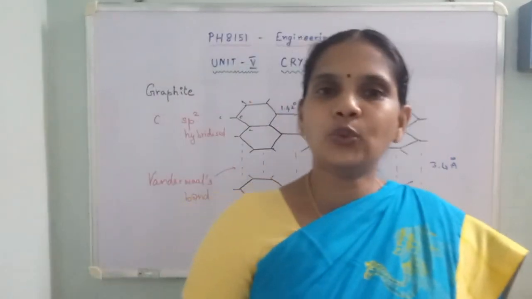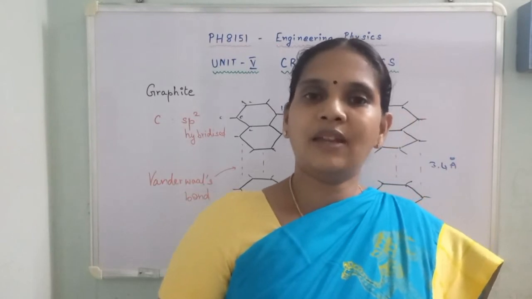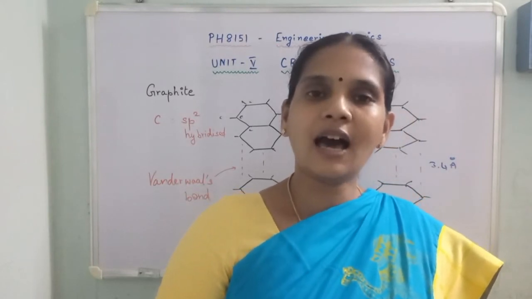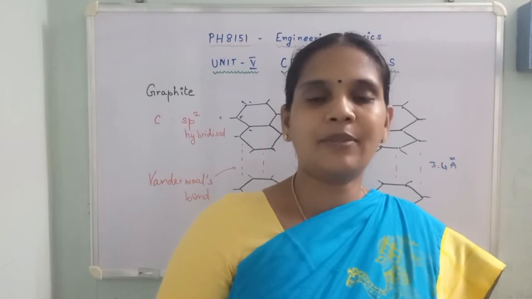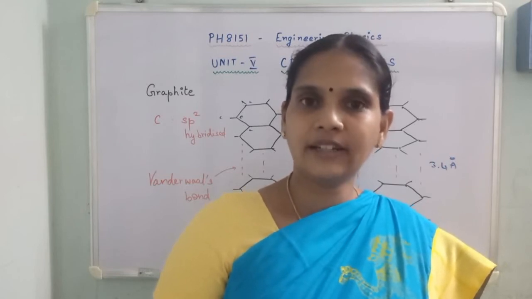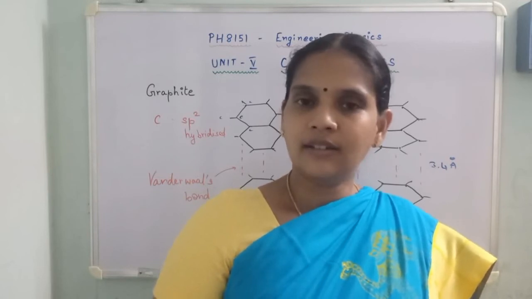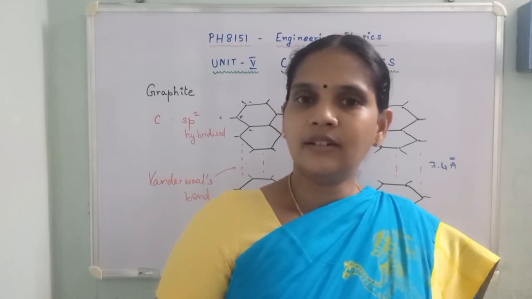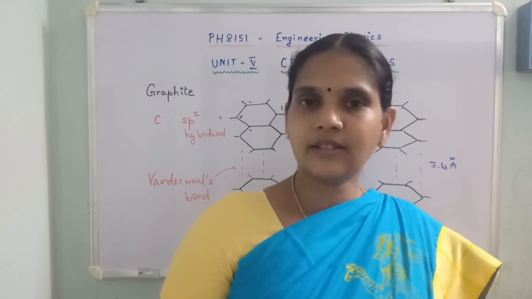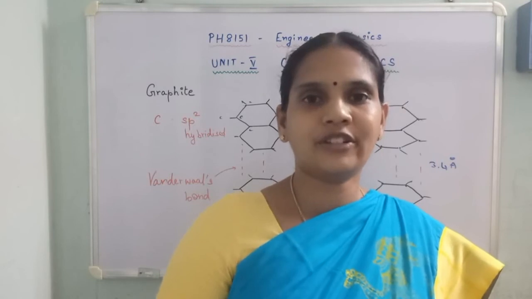Another point to be noted is both diamond and graphite are allotropes of carbon, but diamond is an insulator. It is the hardest known material on earth, whereas graphite is a conductor and it is very soft.